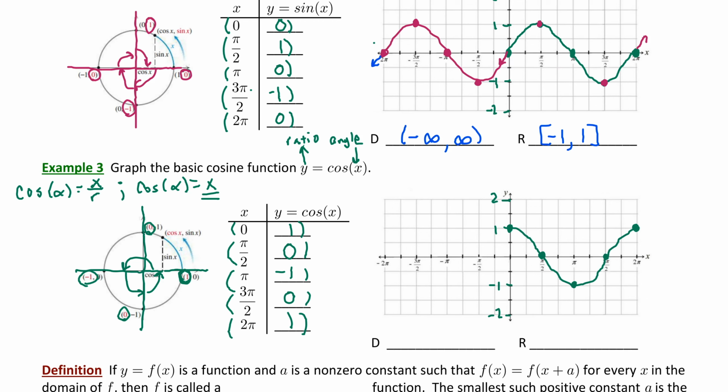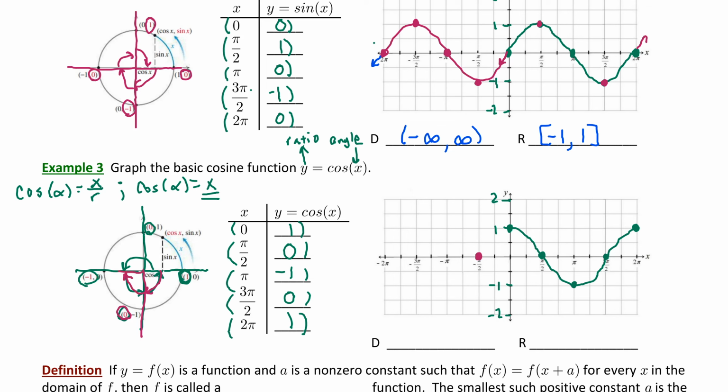Now, the graph will continue beyond the points that we have graphed here. So to find the points on the left side of the graph, or the negative angles, we're going to work our way around the unit circle in the negative direction. So if we rotate to negative pi over 2, negative pi over 2 has a cosine of 0. So we have ordered pair (-pi over 2, 0).